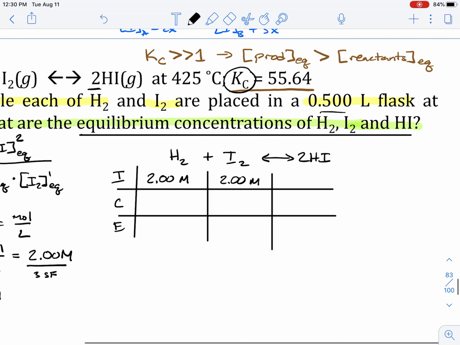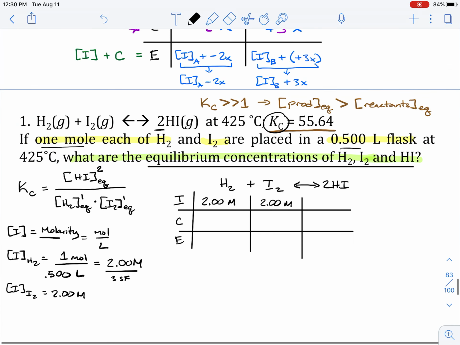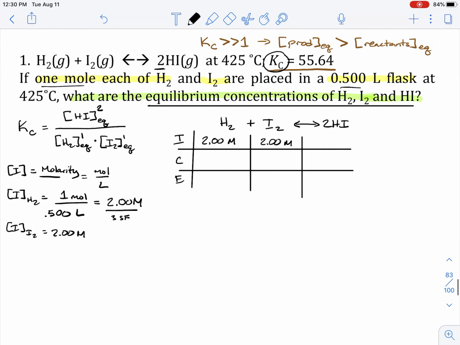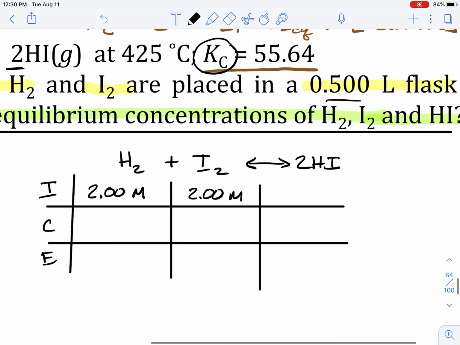Now let's talk about the initial concentration of HI. In the problem, is there any clue that would determine what the initial concentration of hydrogen iodide is? The answer is no. And so if there is no indication what the initial concentration of HI is, then you're just going to say it's 0.